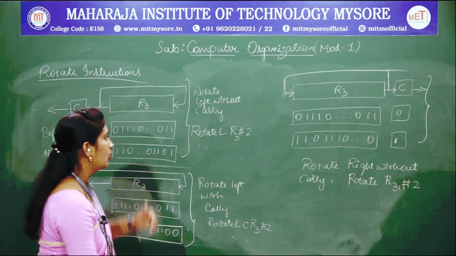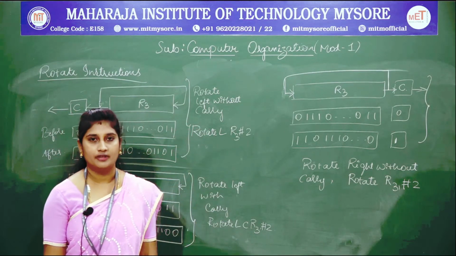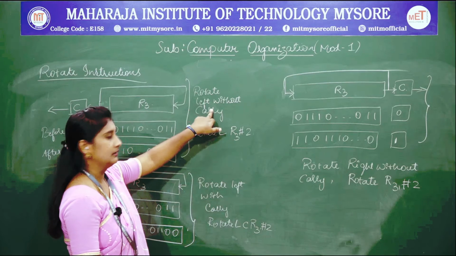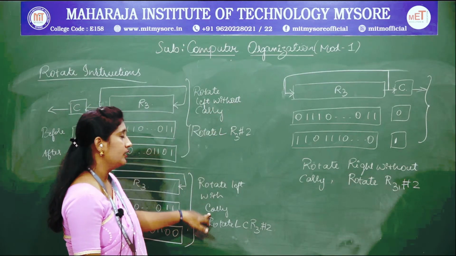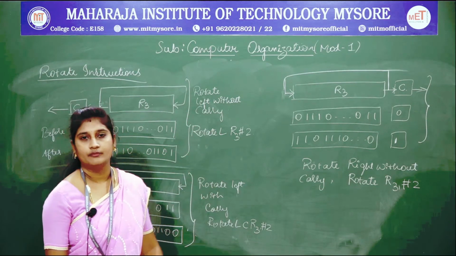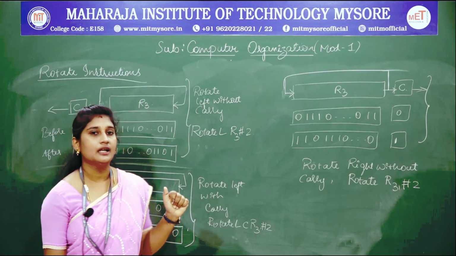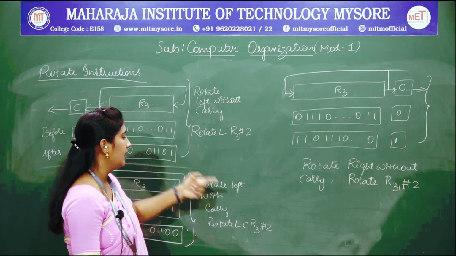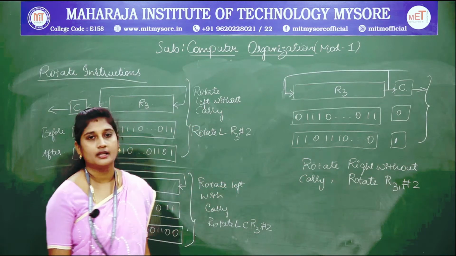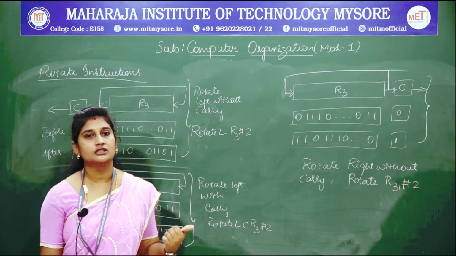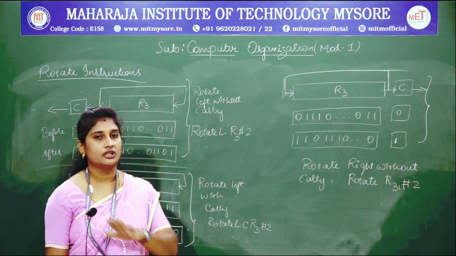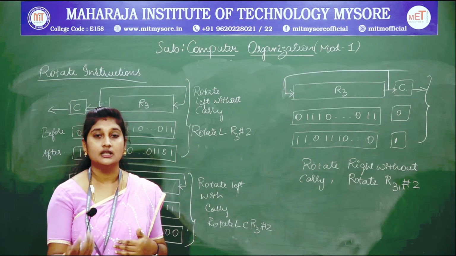So in your rotate instruction, there are two types of variation, that is rotate with carry and rotate without carry. The very first, which I have written here, is rotate left without carry, and again rotate left with carry. Again, as in your shift instruction, you can rotate towards left or towards the right.